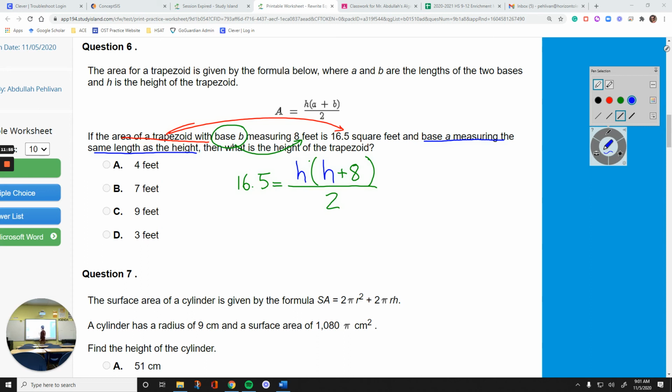So to solve this, I'll do divided by 1, so I can do cross multiplication right here. 1 times the numerator on the right side. It's H times H plus 8 equals 2 times 16.5. That's 33.